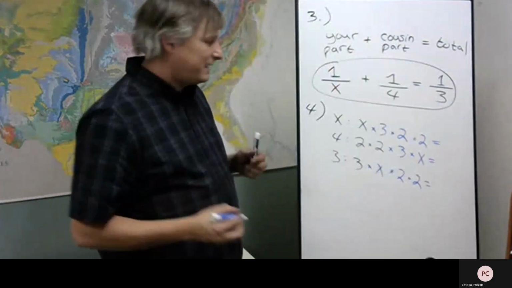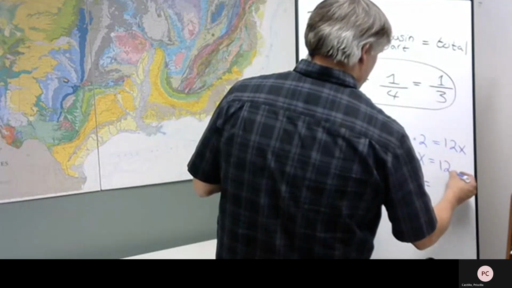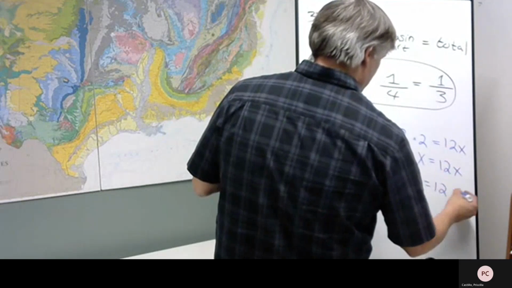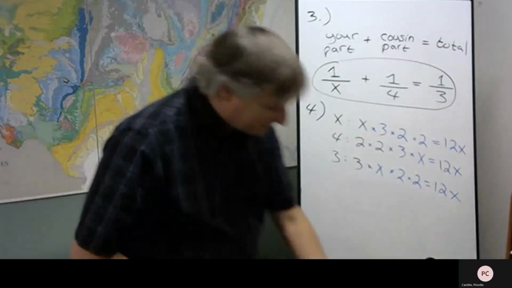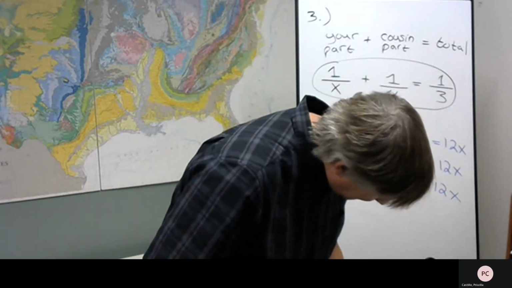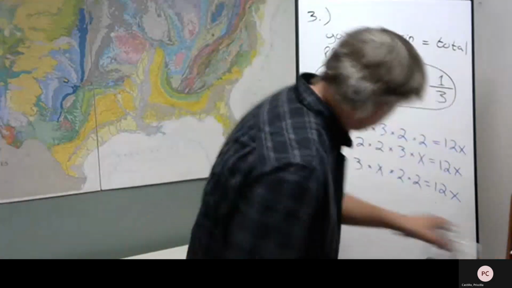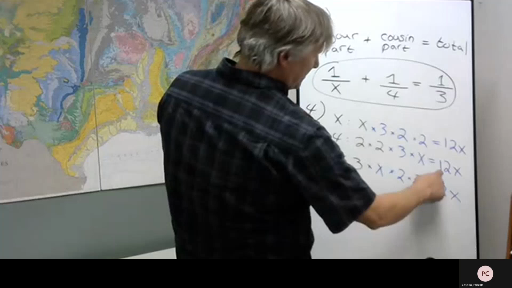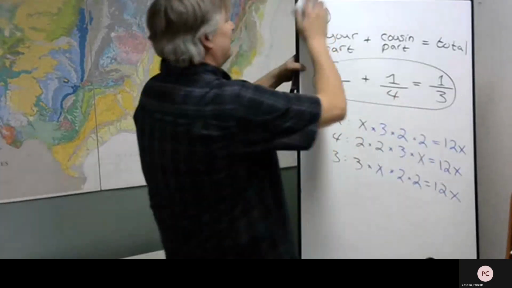So what we're going to get is 12x, 12x, 12x. All right. So this is what we're going to multiply by all the way through.